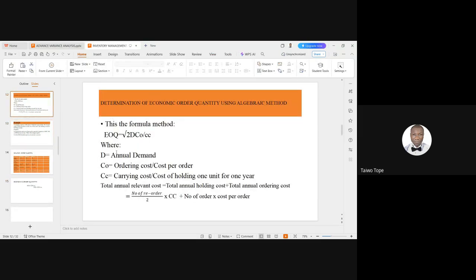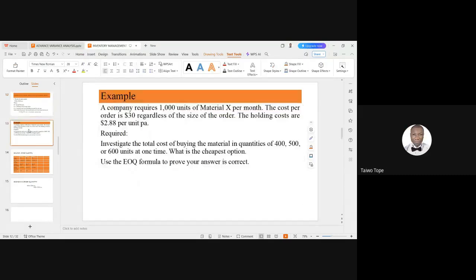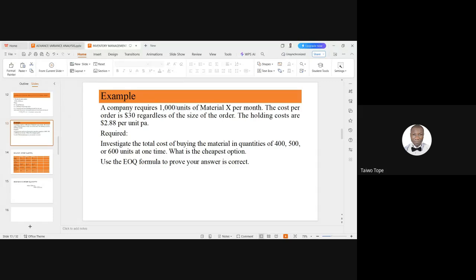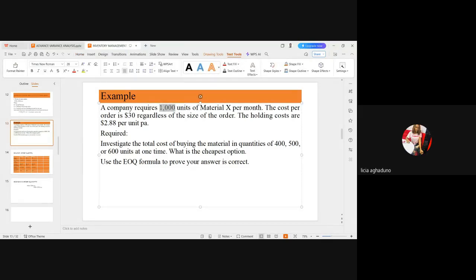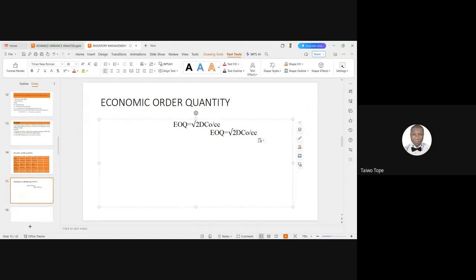D is the annual demand. From your computation, your annual demand will be 1,000 multiplied by 12, which is 12,000. So we have 2 multiplied by 12,000, which is your D.